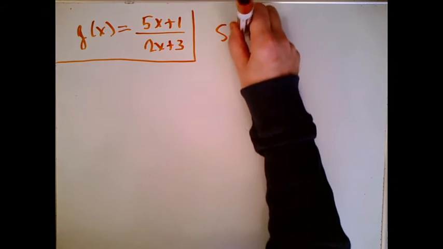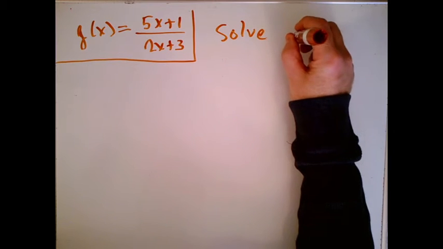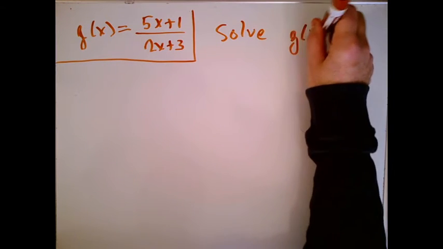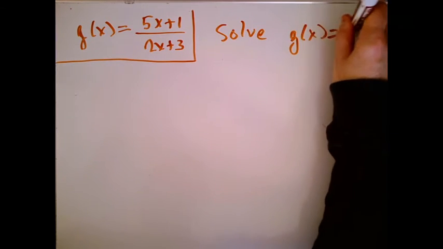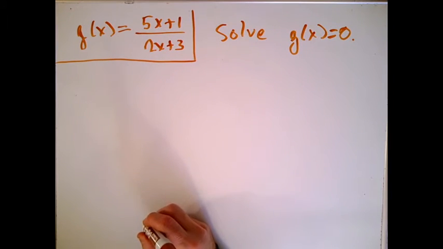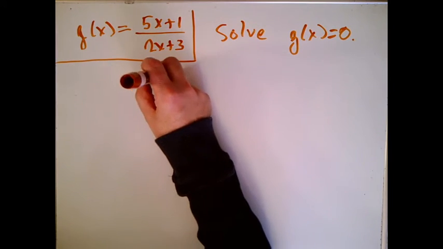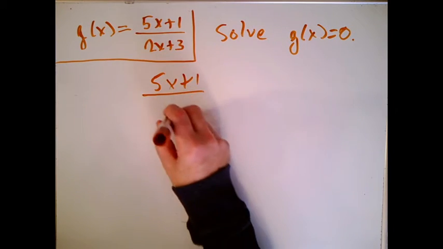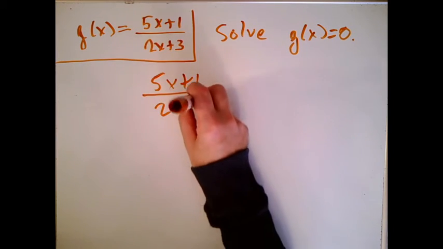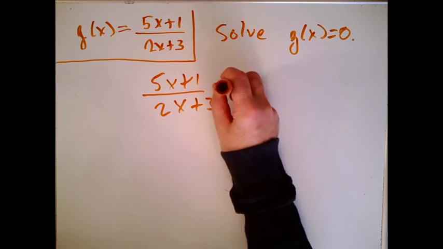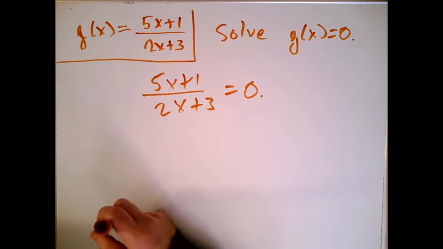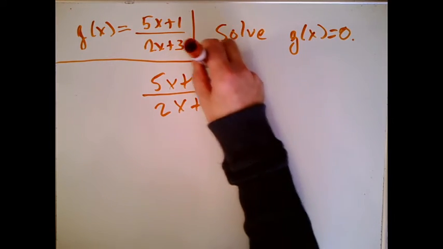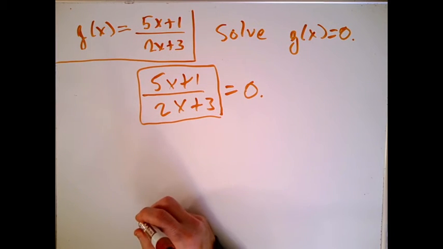In other words, find the correct input so that g of x equals 0. Now we're going to solve this the way that they normally do this in contexts after this. Now we could see that we could cross multiply, but the thing that you really need to remember is that a fraction is 0 only when the top is 0.